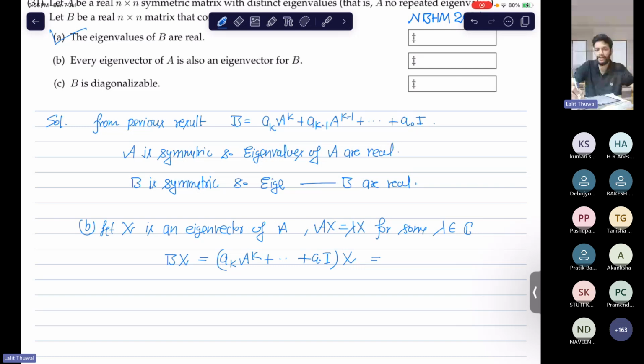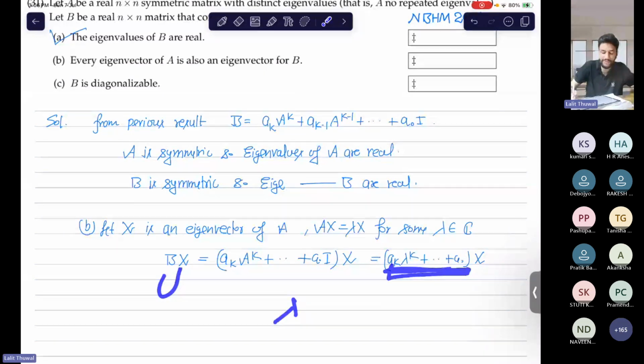As I told you in the last explanation, this comes out to be A_k lambda to the power k plus dot dot dot plus A_0, times x. So x is also an eigenvector of B with this eigenvalue. If lambda is real, then this is real. So the eigenvalues of B are real. Also, if x is an eigenvector of A, then it is an eigenvector of B.